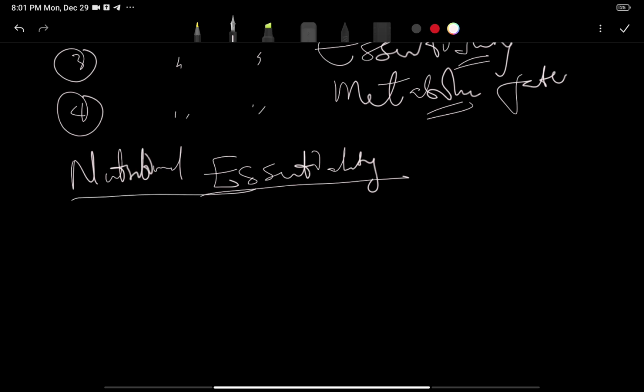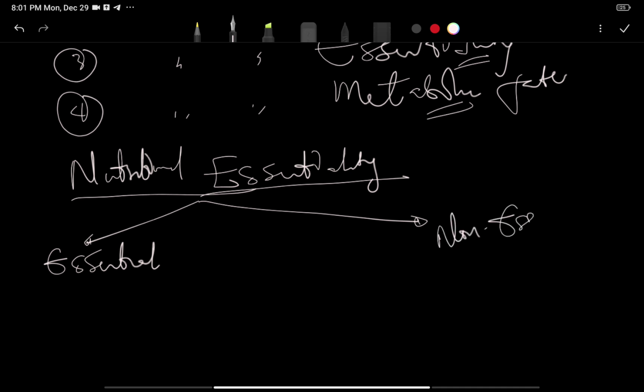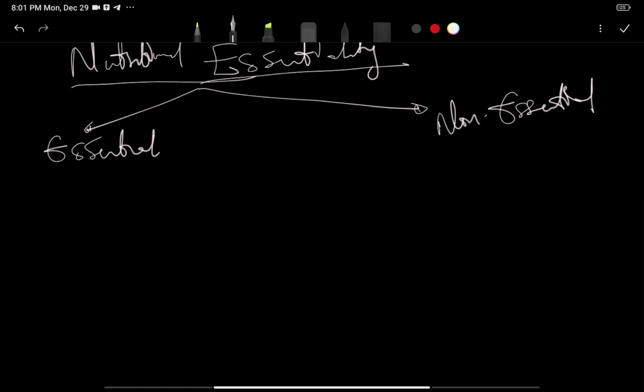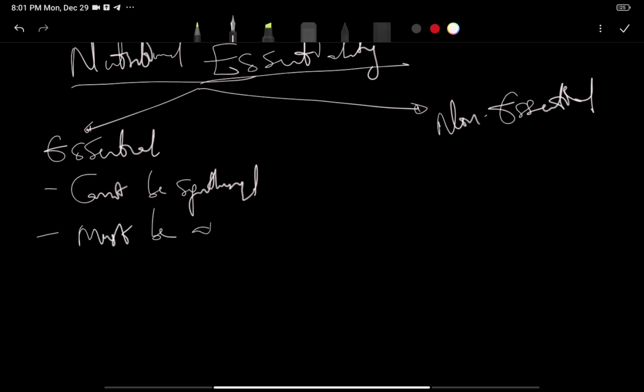Amino acids are of 2 types. We have essential and non-essential. For the essential amino acids, it means that your body cannot synthesize them, so they must be available in the diet.